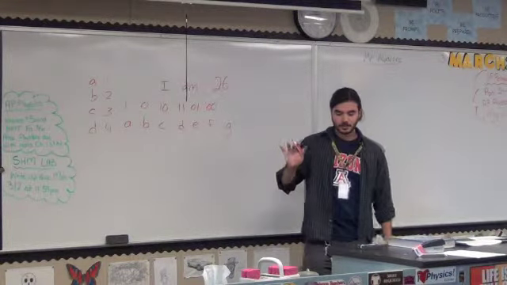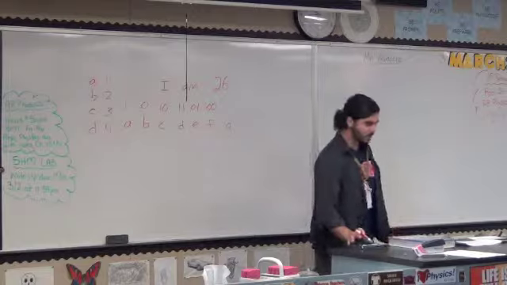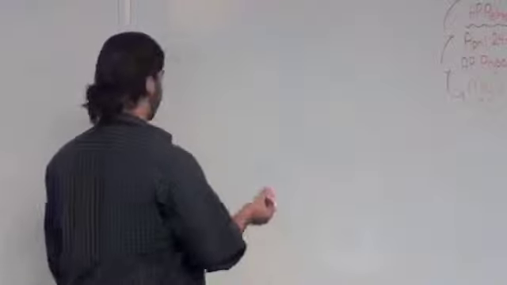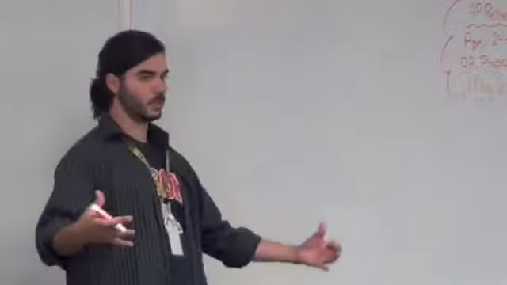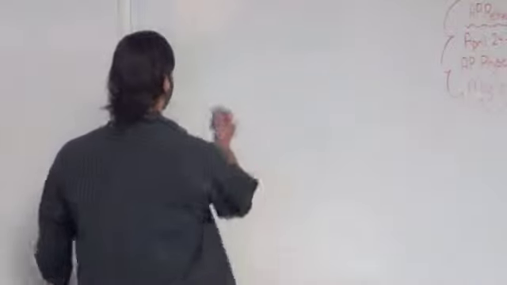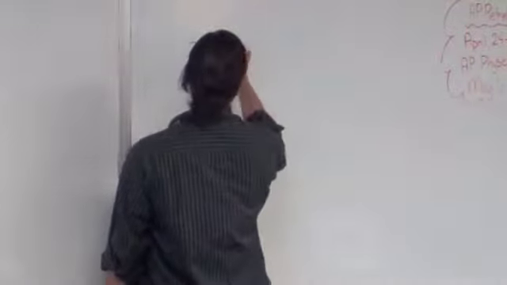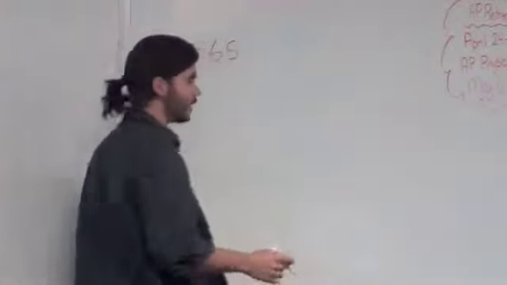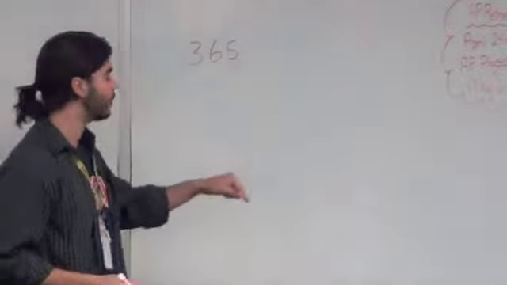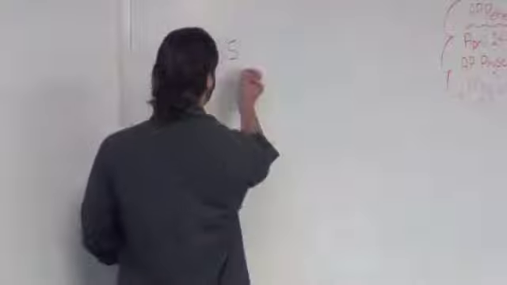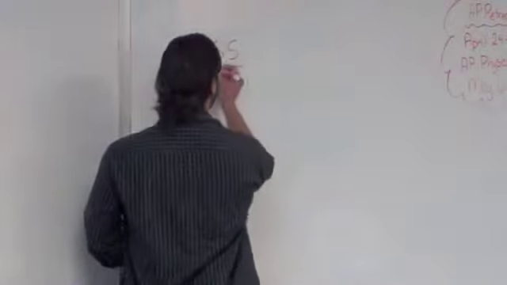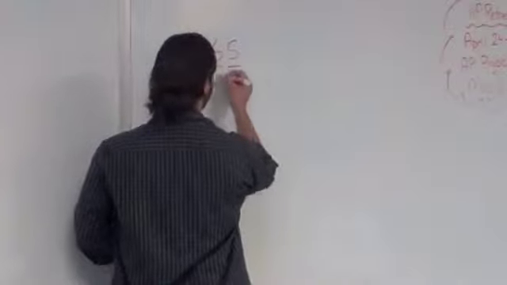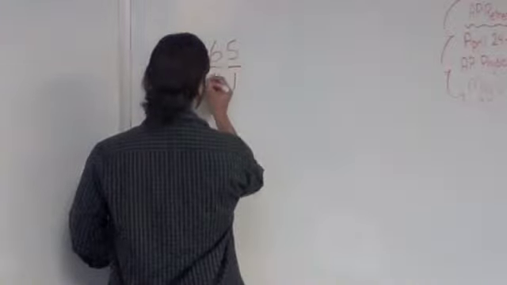So the way number systems work is pretty much this. You guys are familiar with decimal, that's probably all you know. If I write the numbers 3, 6, 5, you think of that as 365. What you're actually doing, going back to elementary school for a second, is this is the ones place, this is the tens place, and this is the hundreds place.